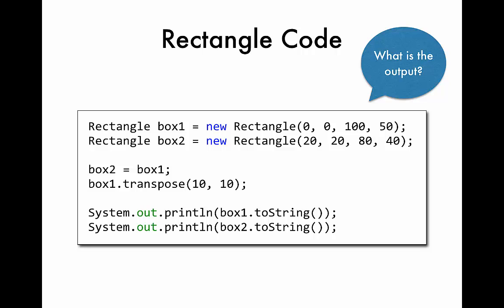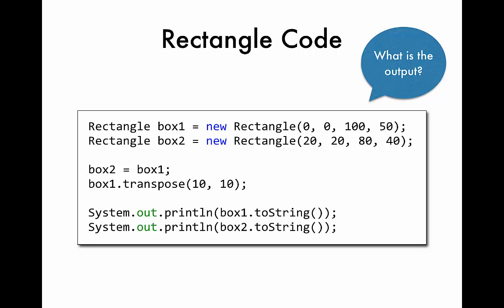Then box 1 is assigned to box 2. And then the transpose method is called on box 1 with argument 10, 10. Just as a reminder, the transpose method transposes the xy coordinates by adding the first argument to the x coordinate and the second argument to the y coordinate.